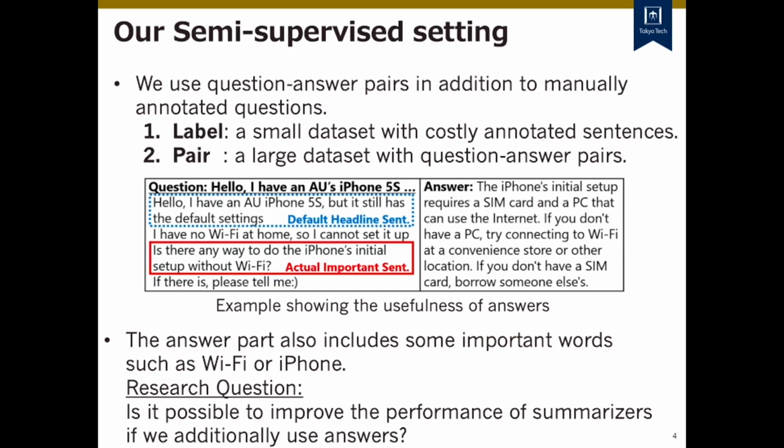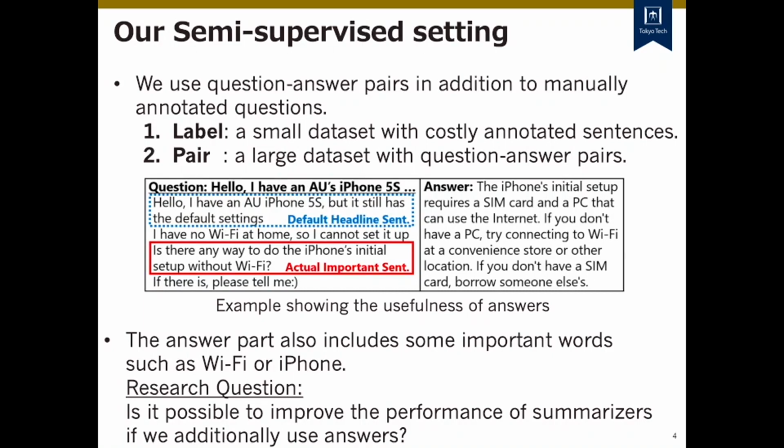Next, I explain our semi-supervised setup. In our setup, we use question-answer pairs in addition to manually annotated questions. So we assume that we have two datasets, label and pair. Label is a small dataset with costly annotated sentences.